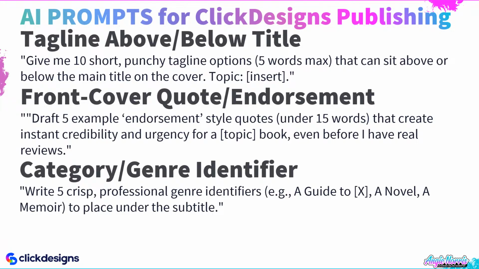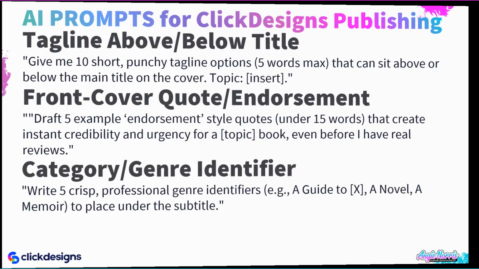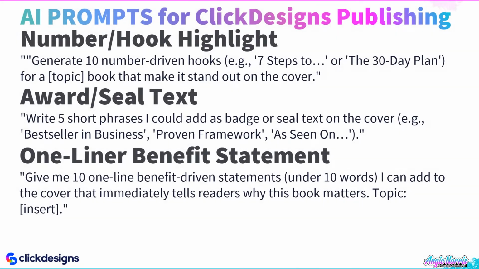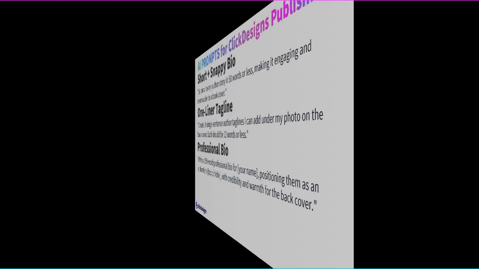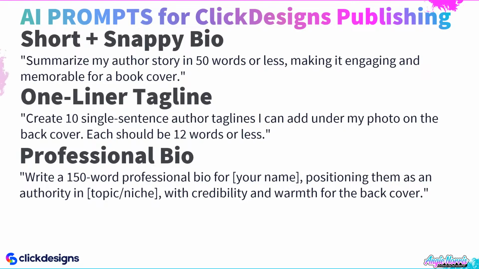We have front cover quote and endorsement, category genre identifier, number hook highlight, award seal text, one-liner benefit statement. And then we have the bios: short and snappy bio, one-liner tagline, and professional bio. So that's what we're going to be talking about today. Let's jump into the software.